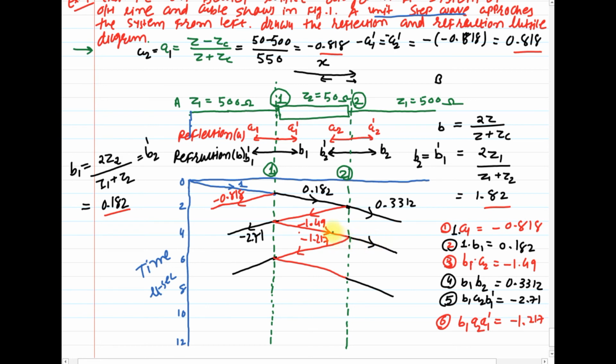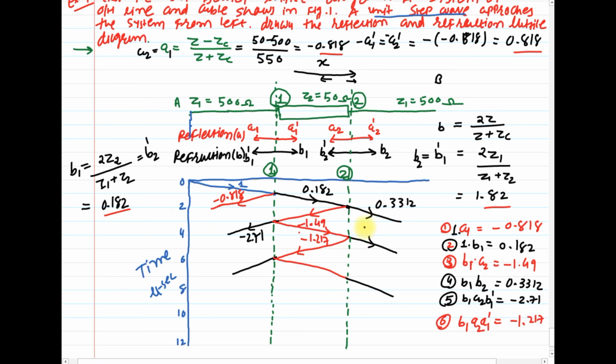It is minus point, B1 A2. I will write just the final value over here, or numeric, not numerical, just the coefficient over here. Just verify it by yourself.